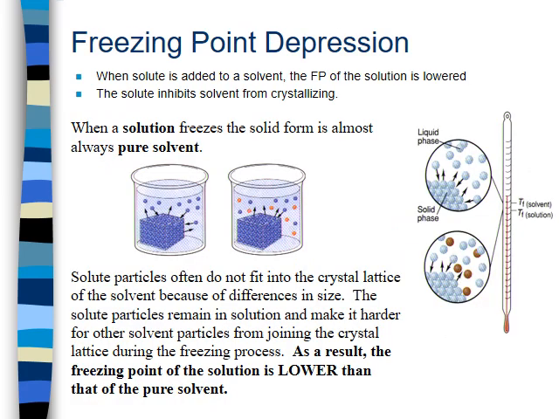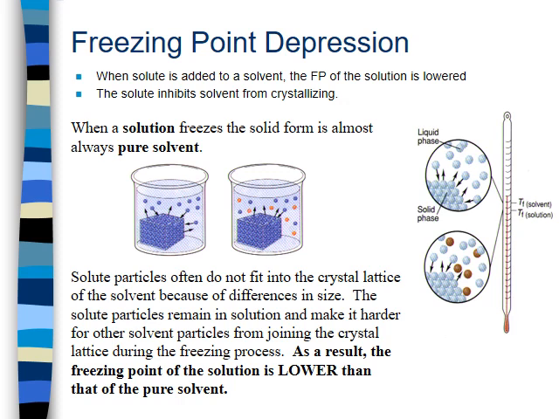So freezing point depression. Mathematically, as we'll see in a moment, this is identical to boiling point elevation. However, the phenomenon is a little bit different. When a solution starts to freeze, it's the solvent particles which are forming a crystal lattice structure as they're solidifying.